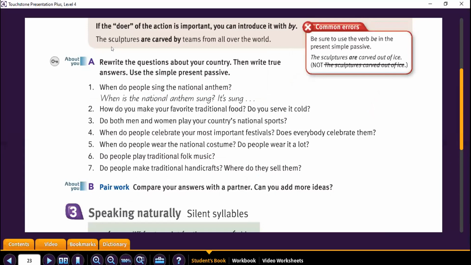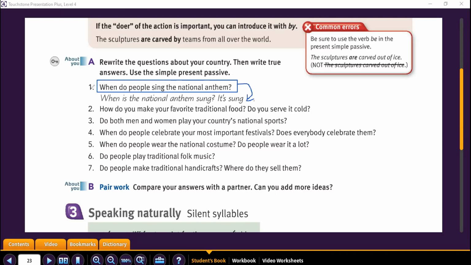From active to passive. Vamos a cambiar de voz activa a voz pasiva. Look at this. Here we have, when do people sing the national anthem? ¿Cuándo canta la gente el himno nacional? When is the national anthem sung?